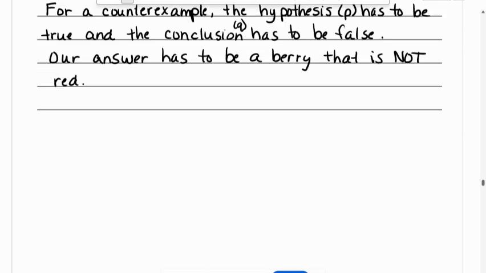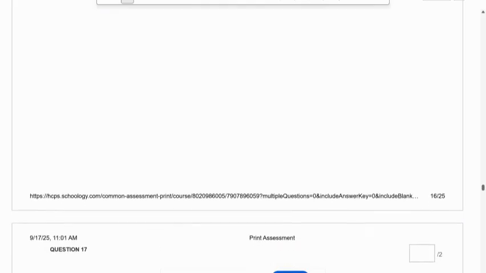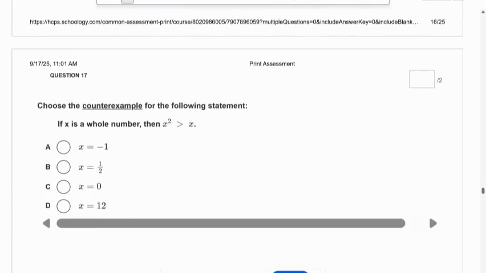All right, number 17. Okay, choose the counterexample for the following statement. If x is a whole number, so x has to be a whole number, then x squared is greater than x. Okay, so let's get rid of our answers that can't work because it has to be a whole number.